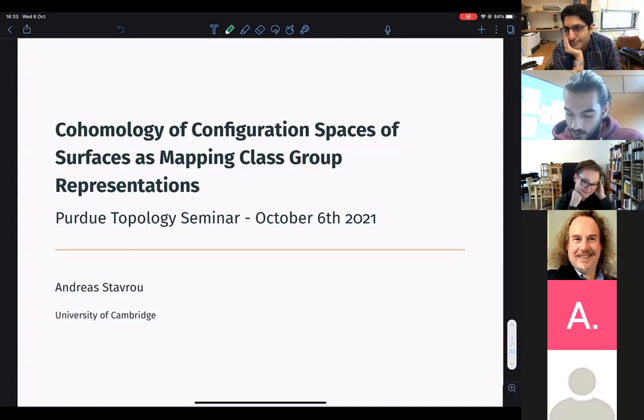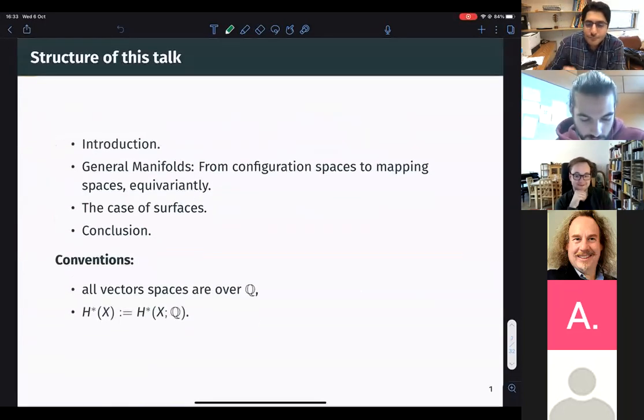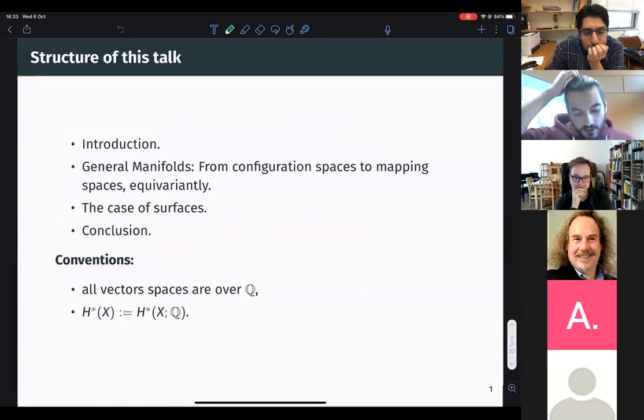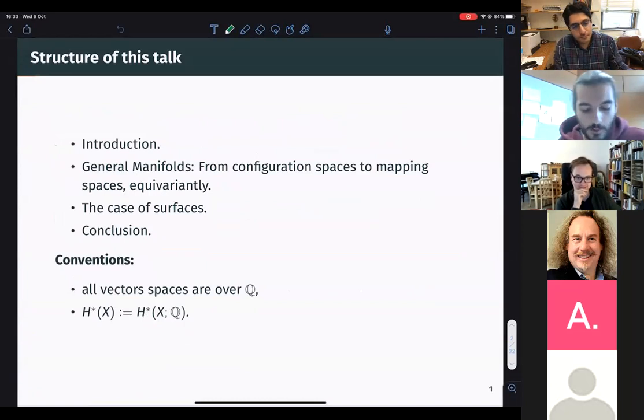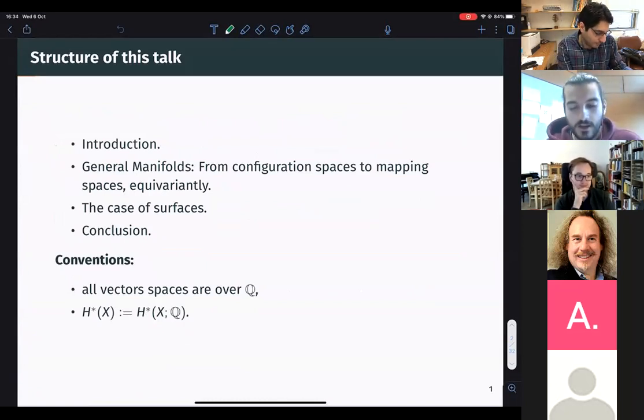So the structure of this talk: I will start with an introduction where I introduce the terms in the title, configuration spaces and mapping class groups of surfaces, specifically speak about what was known before about their homology, and what I am showing essentially.